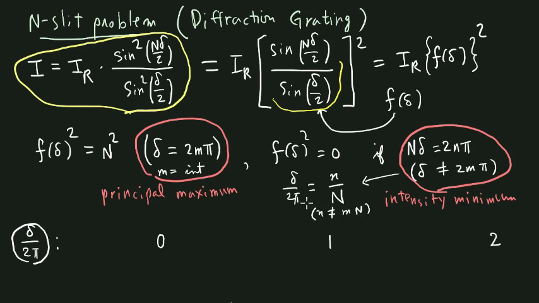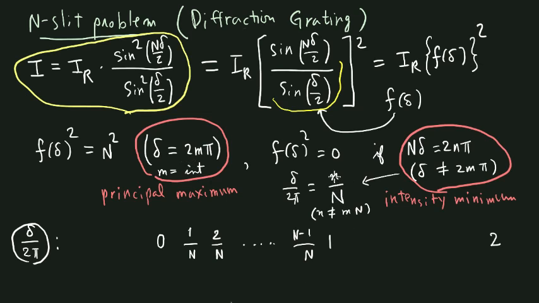So what this means is the following. 0 is a principal maximum, but when delta over 2 pi increases by 1 over N, you get a minimum, 0 intensity. So that's 1 over N, 2 over N, and so on, up to N minus 1 over N. Those are minima. And then when small n becomes capital N, that's actually not the intensity minimum condition. It becomes this maximum condition.